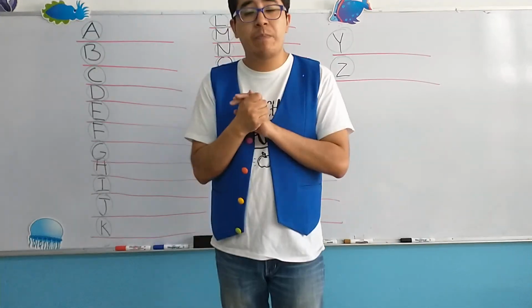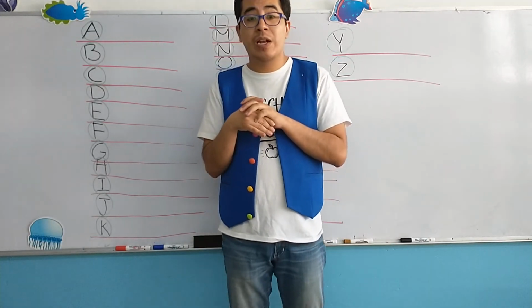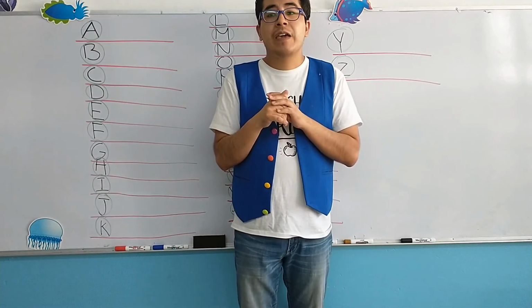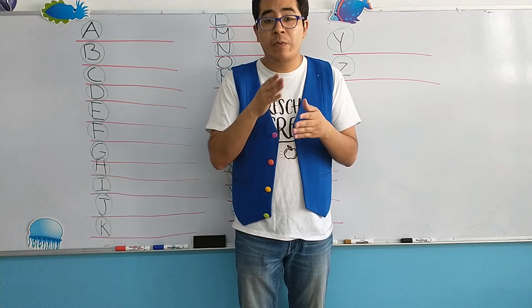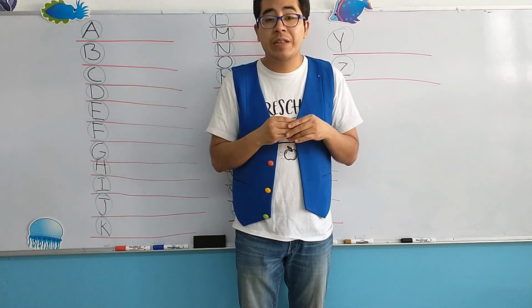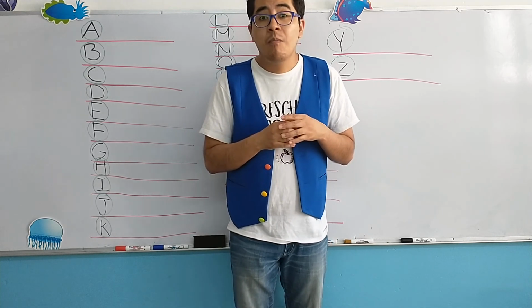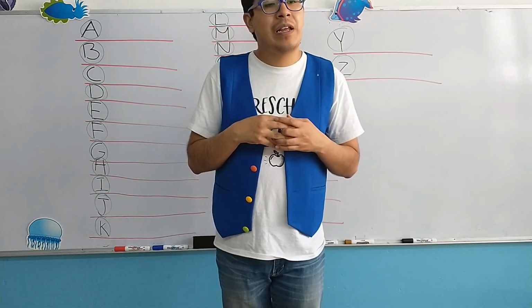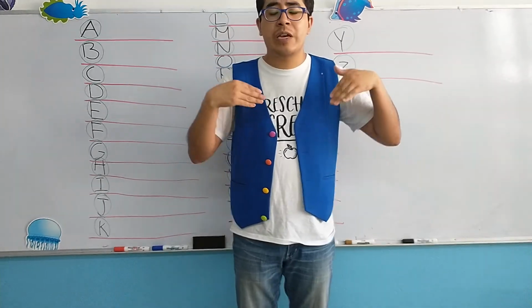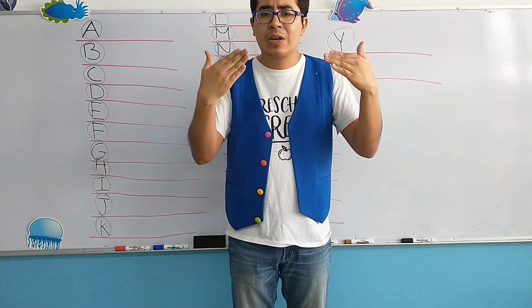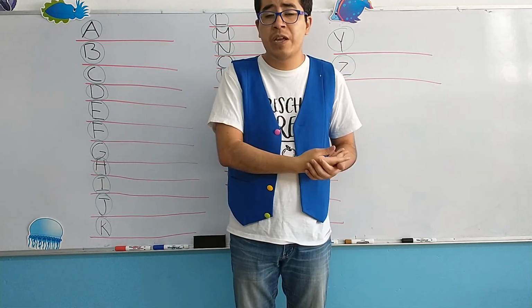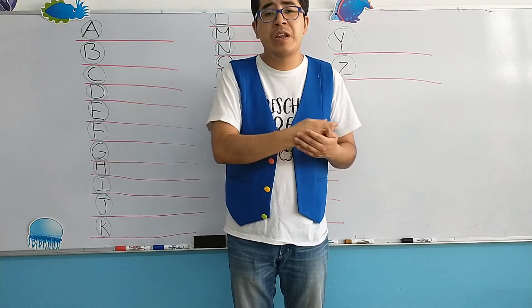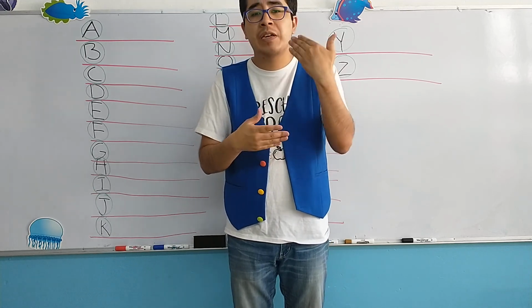Recuerden, chicos, que es muy importante nuestro repaso del abecedario. Aunque ya no lo veamos tan frecuente en Kinder 3, es muy importante seguir trabajando con él. Porque sin el abecedario, sin que nosotros reconozcamos las letras, no vamos a poder seguir escribiendo, ni mucho menos vamos a poder seguir leyendo.